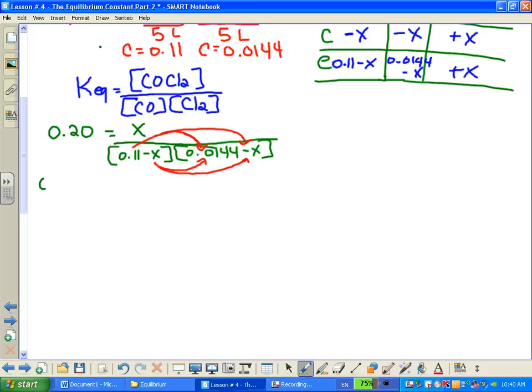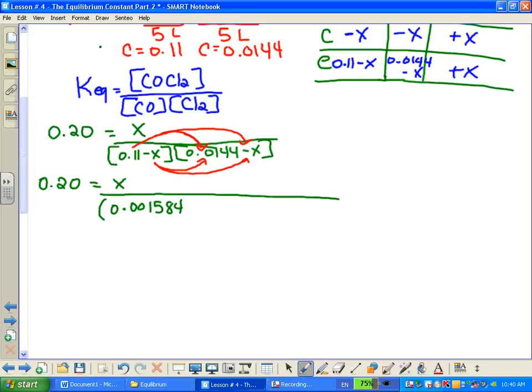So we're going to have 0.20 is equal to X. And then on the bottom, after we factor all of that through, I'm going to do 0.11 times 0.0144, and I end up with 0.001584.